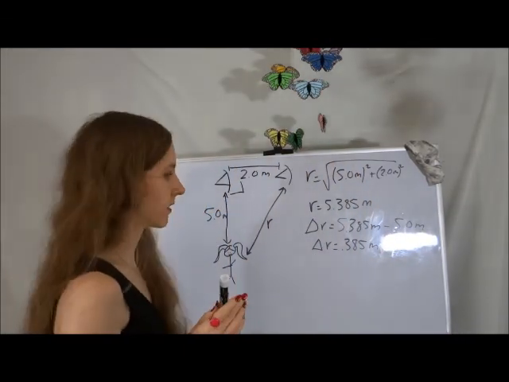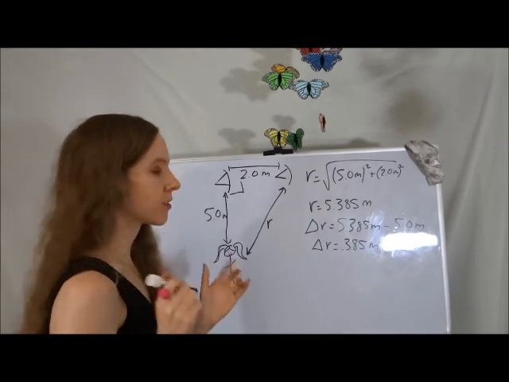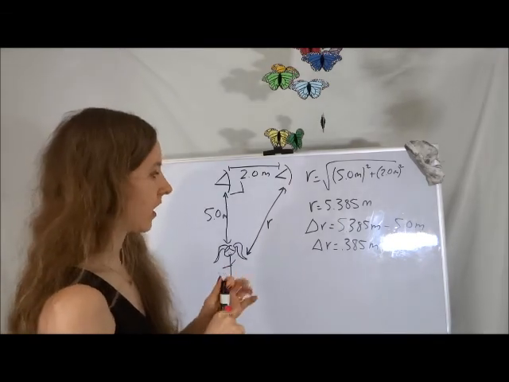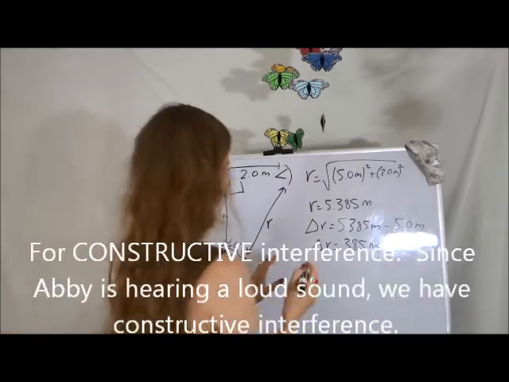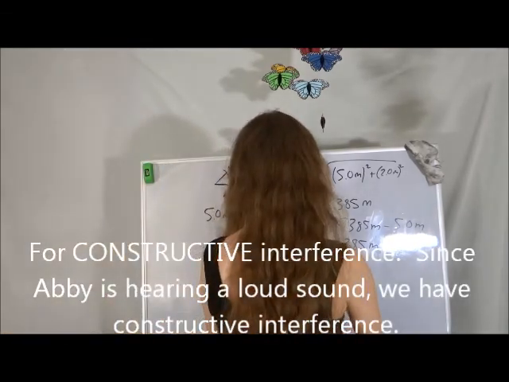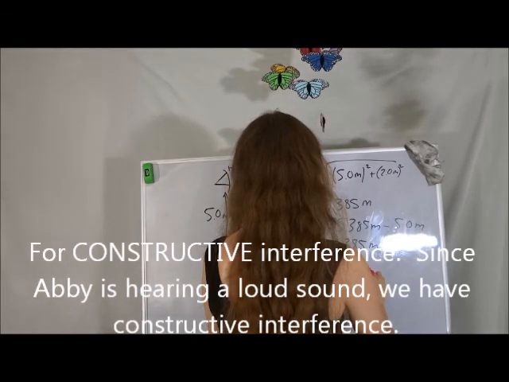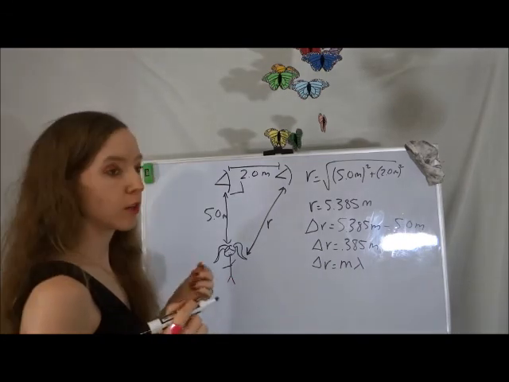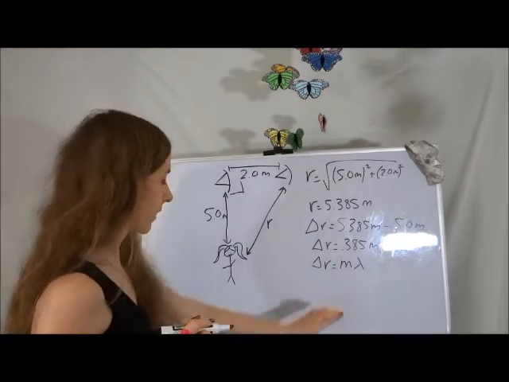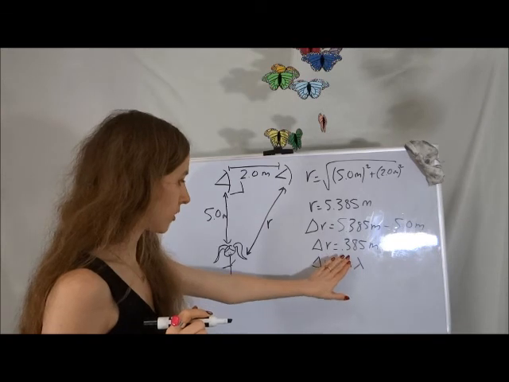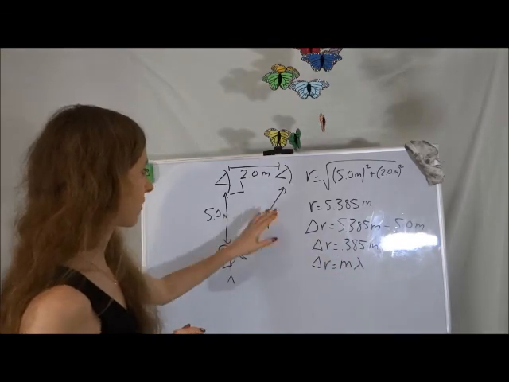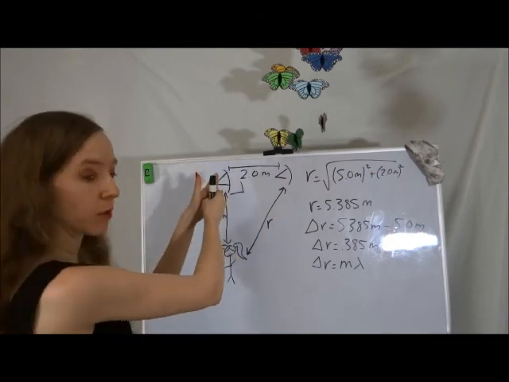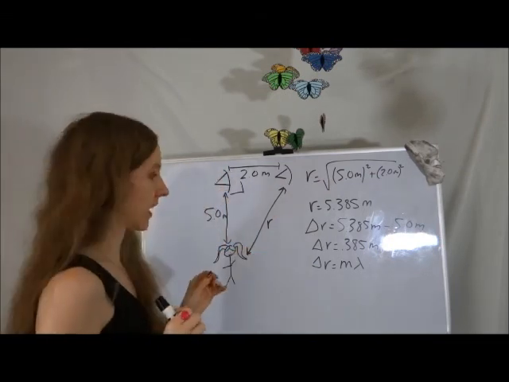Ultimately, we want to find our frequency. So the first thing we're going to do is use our wavelength indirectly. We know that delta r is m lambda. And we want to know the lowest possible frequency. Well, the smallest value m could be would be 0, but that's only going to happen if there's no difference between the two speakers, if they're right on top of each other, in the exact same location. So m equals 0 is out.